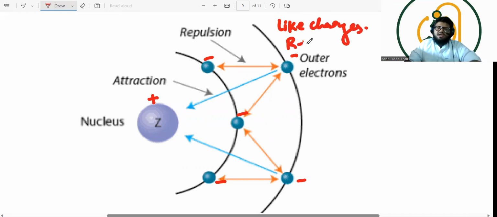So this repulsive force that the inner electrons exert on this outer electron is actually the shielding effect. Because it's weakening the effect of attraction to some extent, it's called the shielding effect. It's protecting or shielding the outer electron from the attraction of the nucleus.